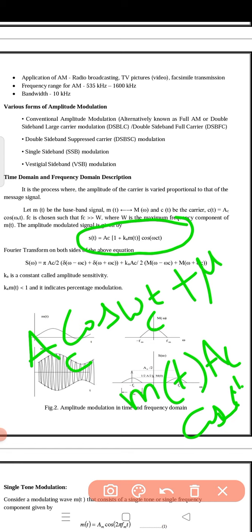Here the modulation index is denoted by mu. Okay, this is our actual equation. You just remember that.